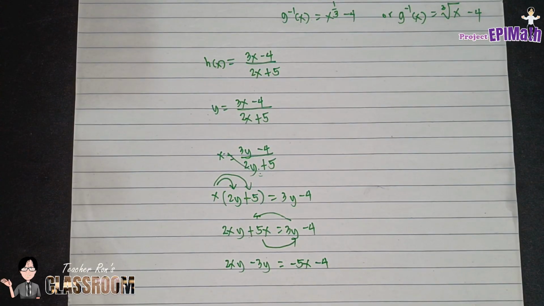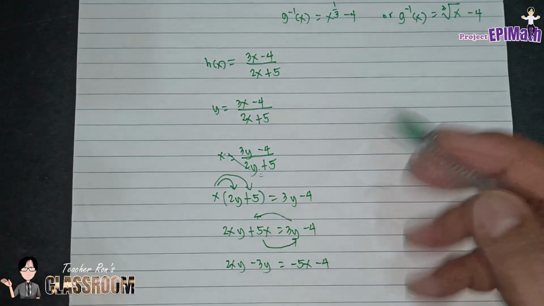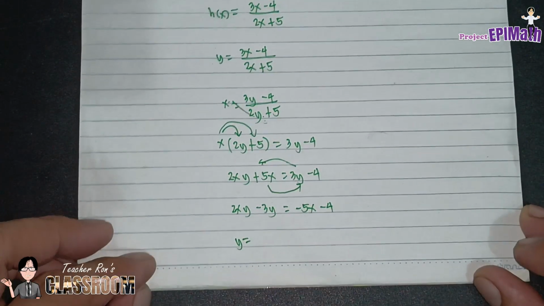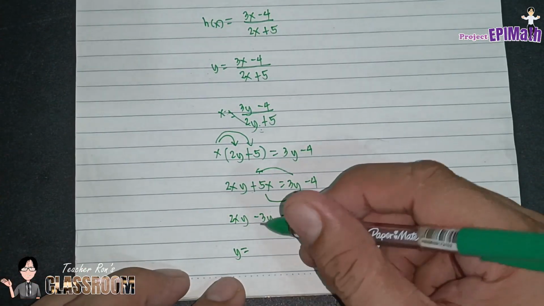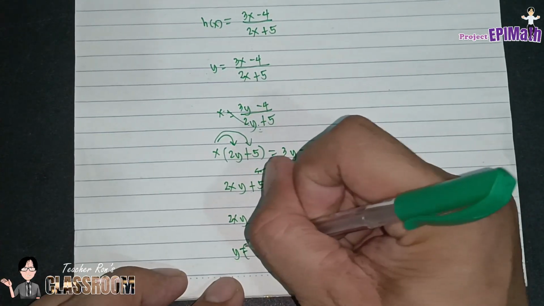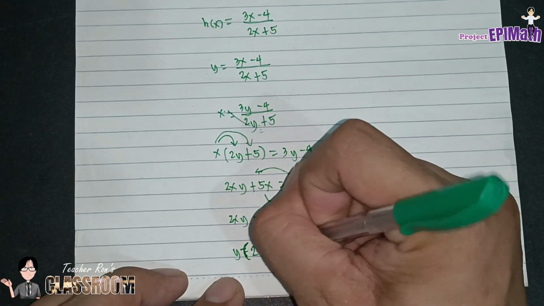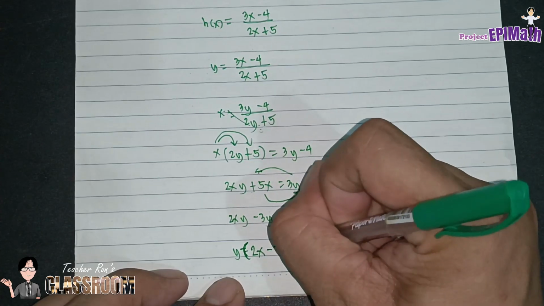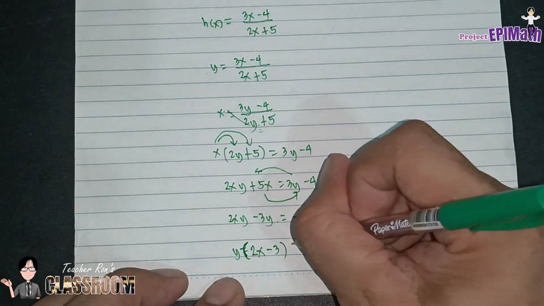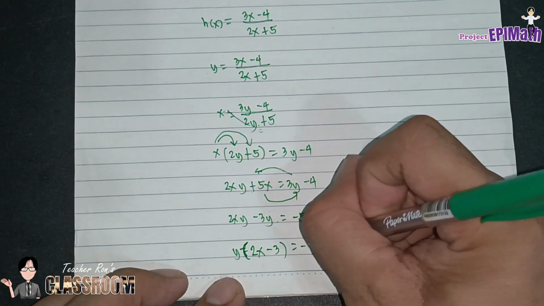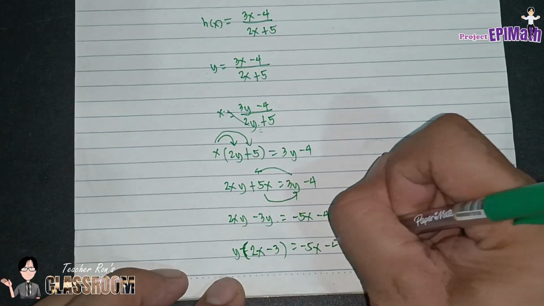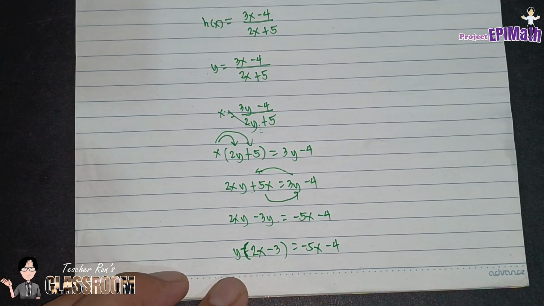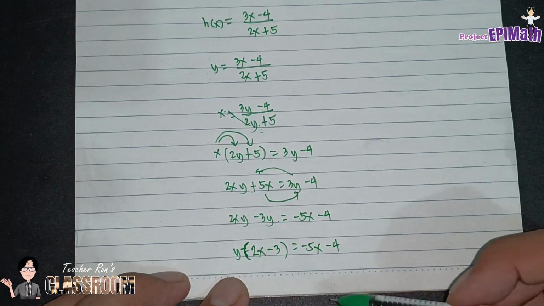Yeah. Okay? So, factor out y on this side. We have now y times, so 2xy divided by y will give us 2x. Negative 3y divided by y will give us negative 3. Then it is equal to negative 5x minus 4. Then dividing both sides by 2x minus 3.